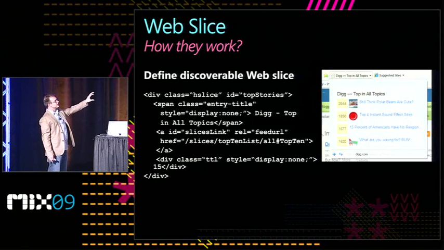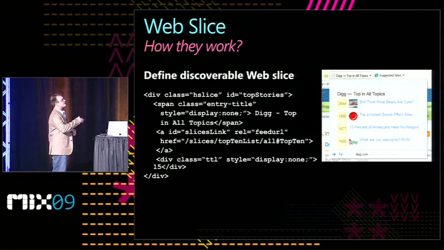I define a little bit of HTML that exists on my page. This HTML is going to specify where on the page I'd like to indicate or highlight that this web slice exists. It's going to tell IE that a web slice is somewhere on that page, which is another way that you can discover it. And then it's also going to define how it will be presented in your toolbar.